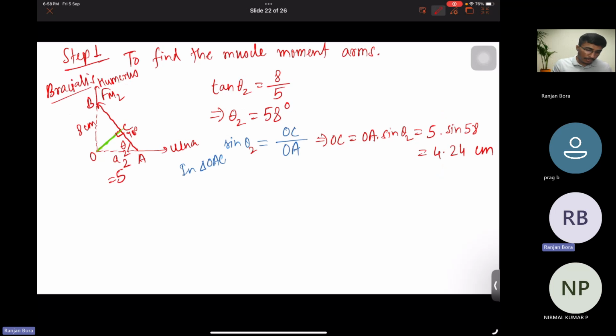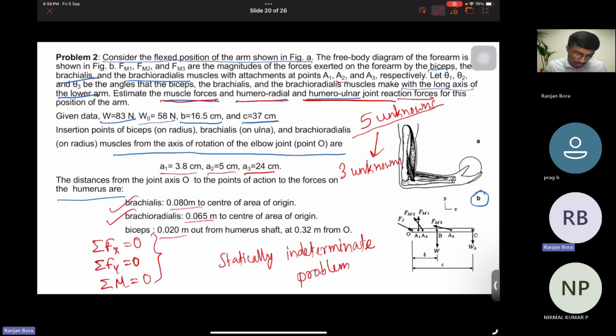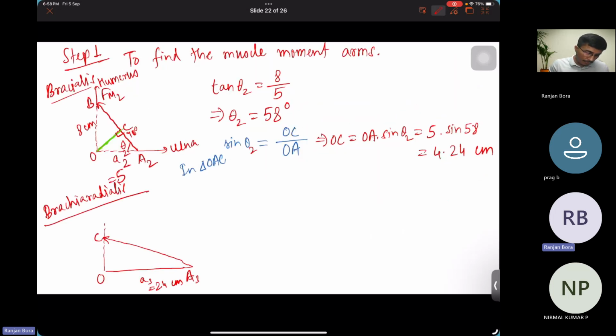A3 is given 24 centimeter, and this vertical distance is given 6.5 centimeter, and we need to find this moment term.